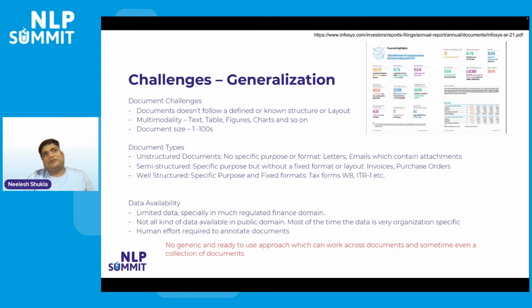And also for every organization the documents change, so they cannot be used as they are. So since there are different structures, different varieties, and different needs of documents, till now there's no generic model or generic approach which can work across all documents.